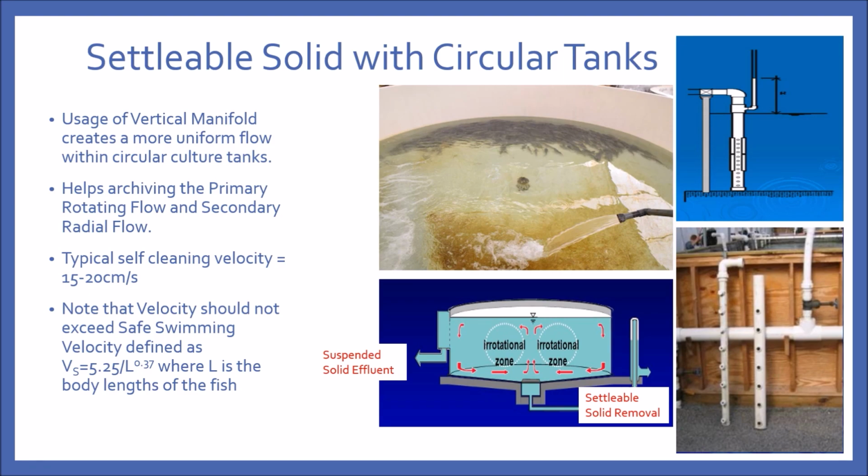A better way is to utilize what we call a vertical manifold, which is in both pictures on the right, which can be constructed with PVC piping. This ensures that water is introduced into the tank in a uniform manner, promoting the formation of rotating flow, the primary way to ensure a vortex is forming.